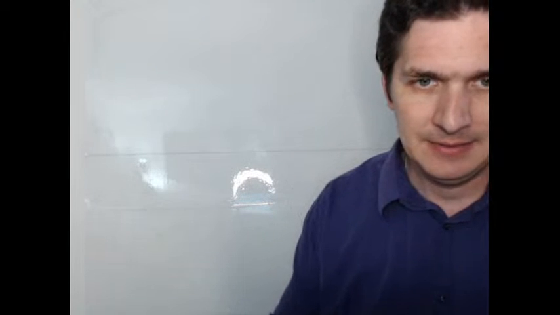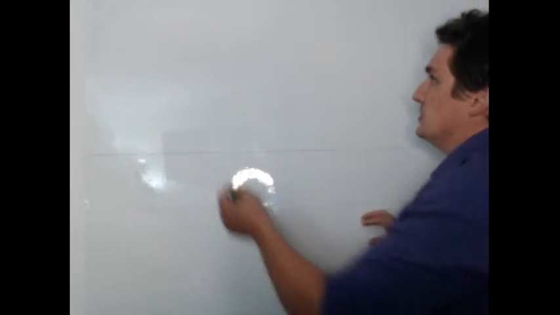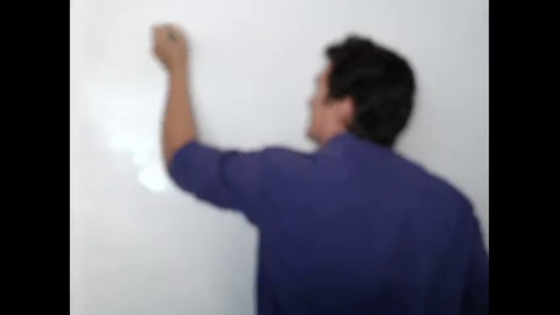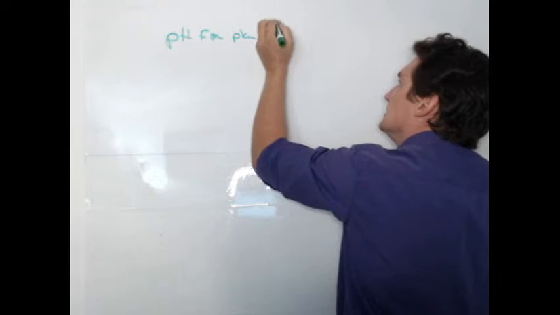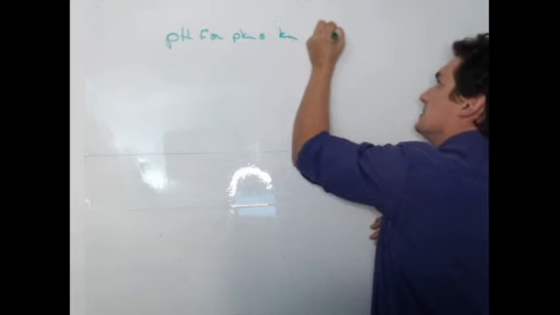So if you look at the previous problem I worked, to answer your first question, so on homeworks, the pH from Ka and pKa, number 6.